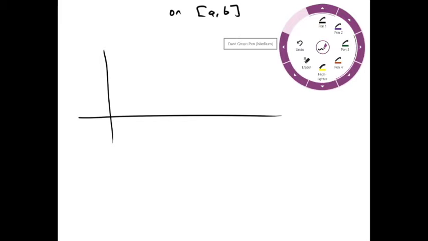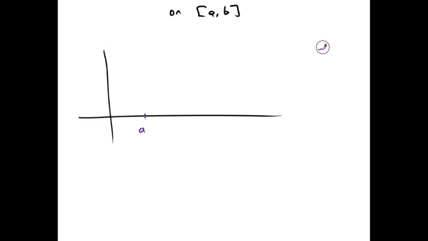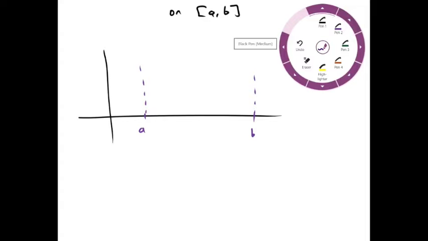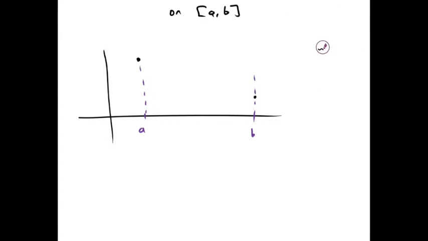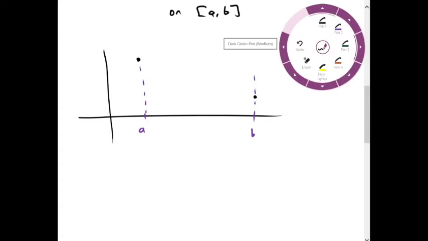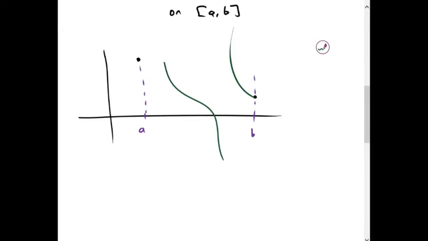So let's say this is A, this is B. We have f of A, f of B. Since this curve is continuous, we can't make weird jumps.